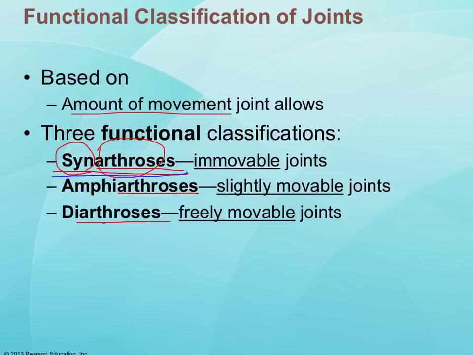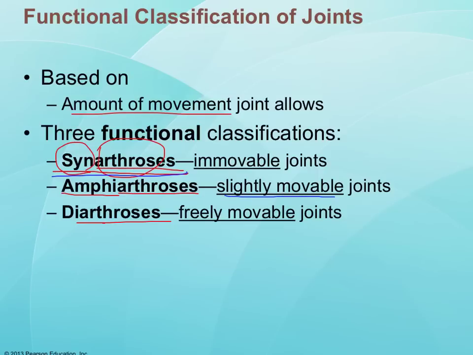And the slightly movable joints are amphiarthrosis. Amphi means both. Think about the amphibian, which can live both on land and in water. Our amphiarthrosis are both movable and immovable, in fact, which means they are kind of in between, slightly movable.